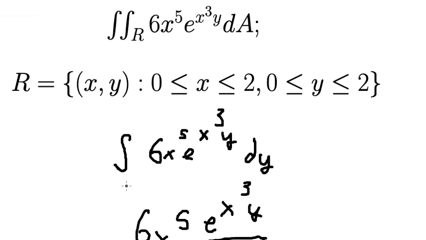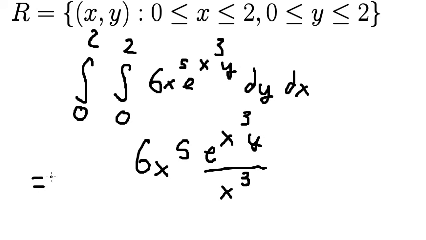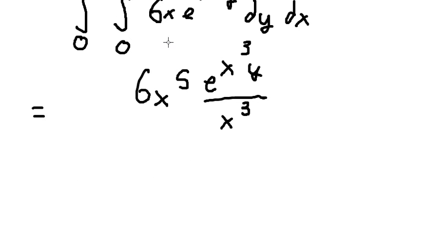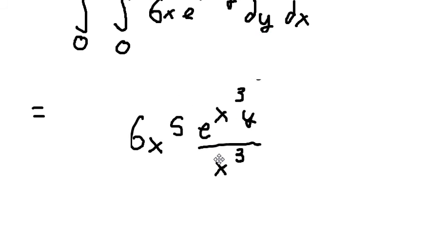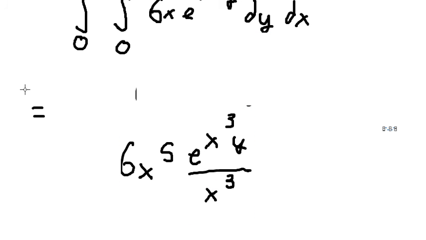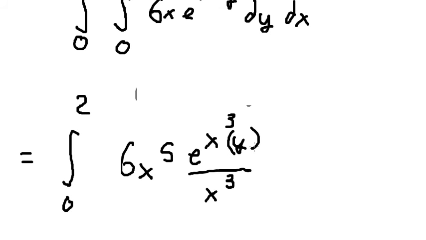So this one I will put the limits 0 and 2. This one is about 0 and 2. So for this one, we put the limits in here from 0 to 2.